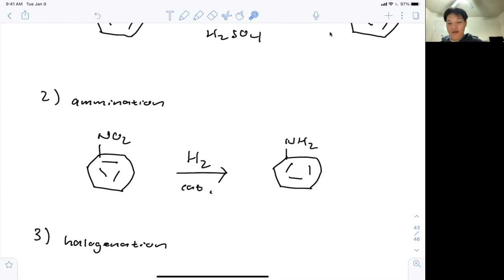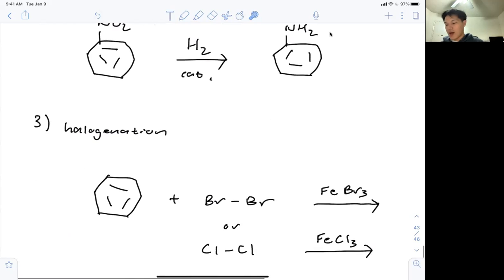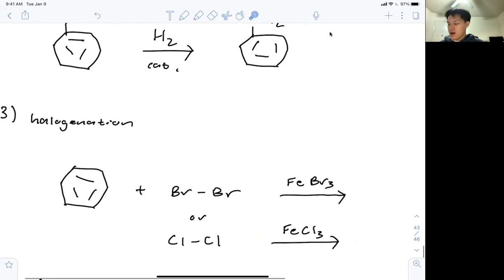The third one is called halogenation, right? You've heard this before in 40A, where we add a halogen to an alkane, so it was radical halogenation, right? But this time we're going to do it with a benzene ring. So we're going to react this benzene ring with any halogen. Usually it's Br or Cl, so we react it with dibromine or dichlorine, right? Under this, oh sorry, this is called our Lewis metal.